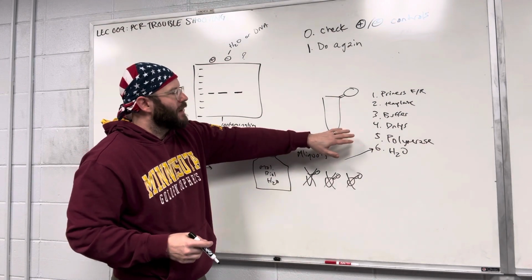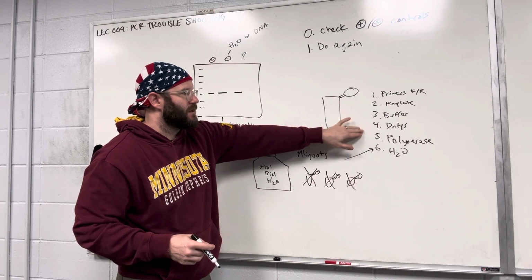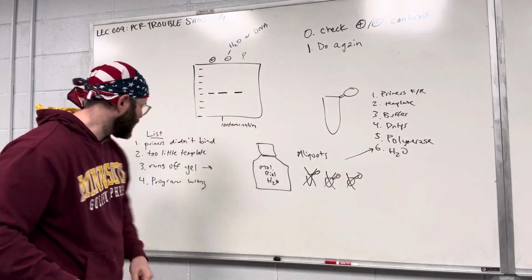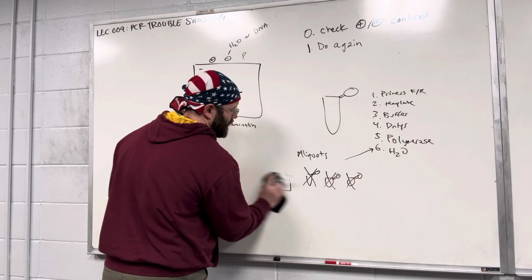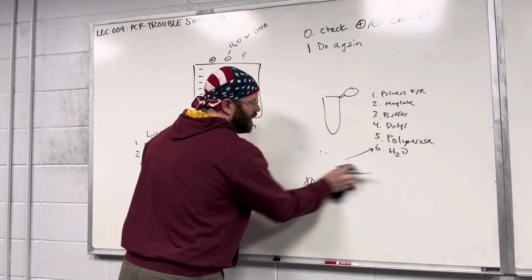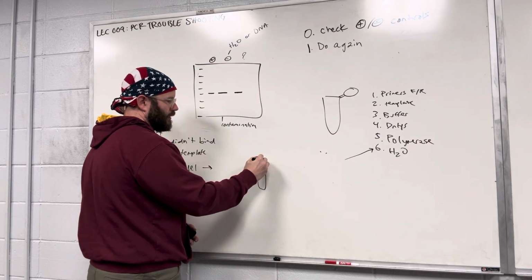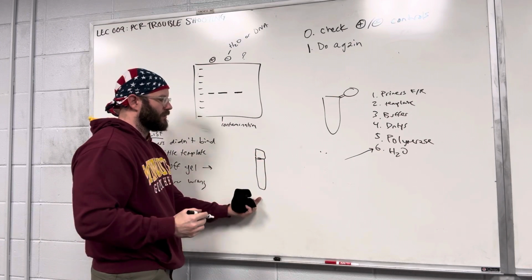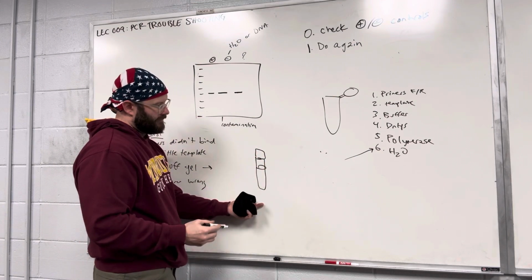You also do aliquots with many of the reagents, to prevent contamination. When you buy dNTPs, you'll get a cryotube, a vial of dNTPs.